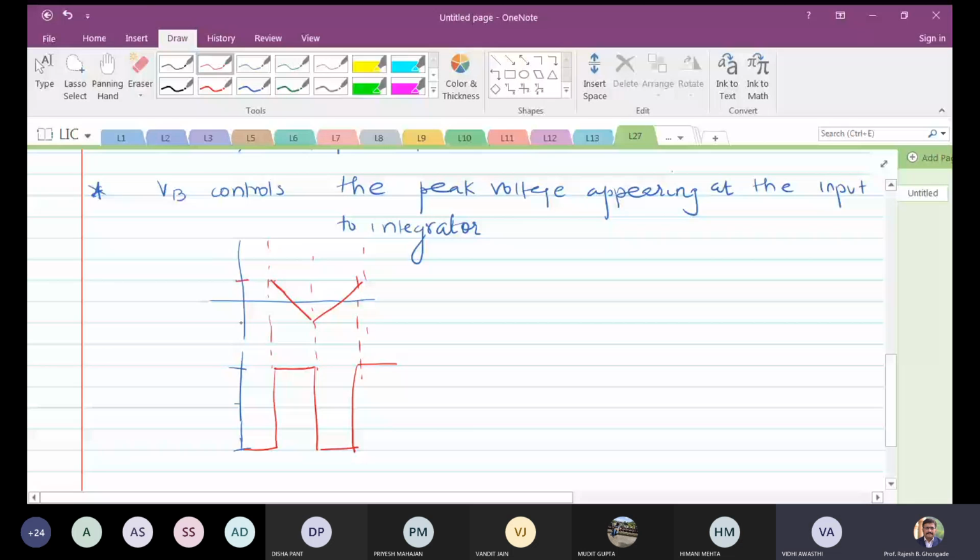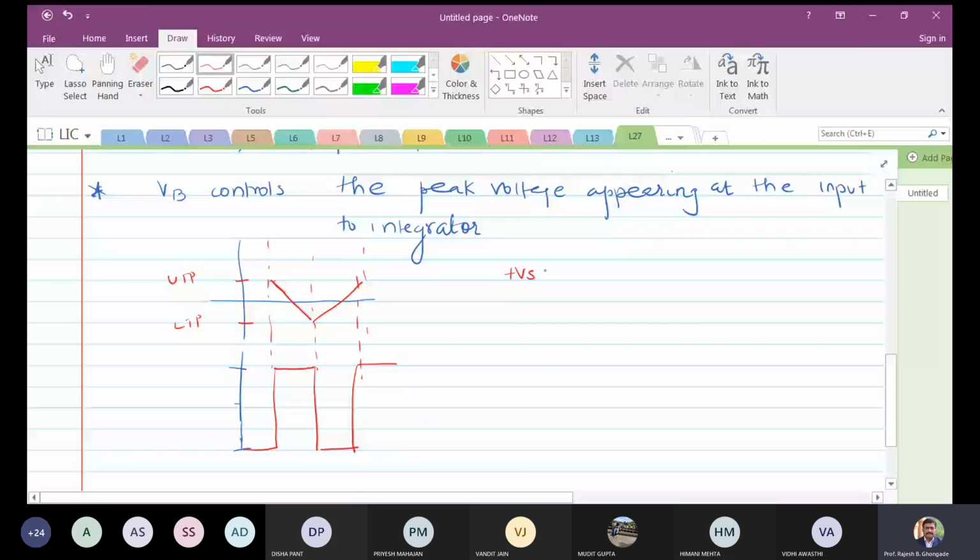What are these peak values dependent on? This was the UTP and this was the LTP, right? And this LTP and UTP were dependent on the VSAT. That is a peak voltage.